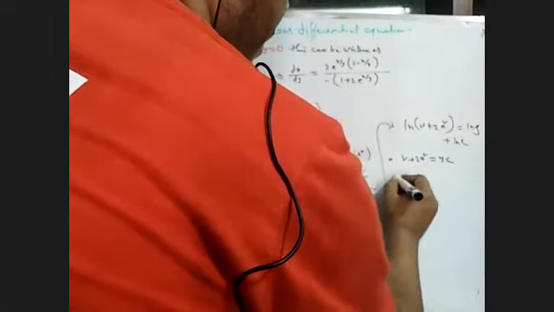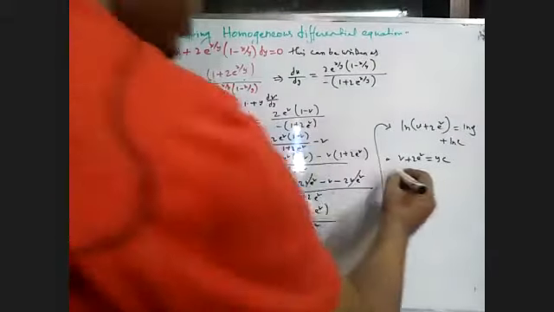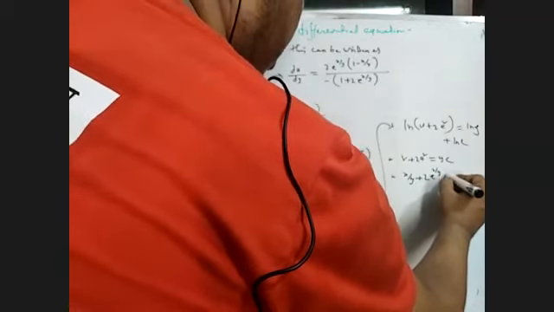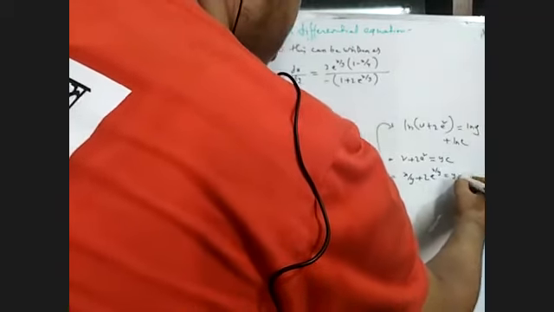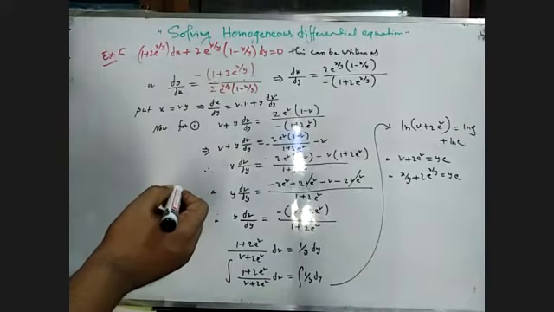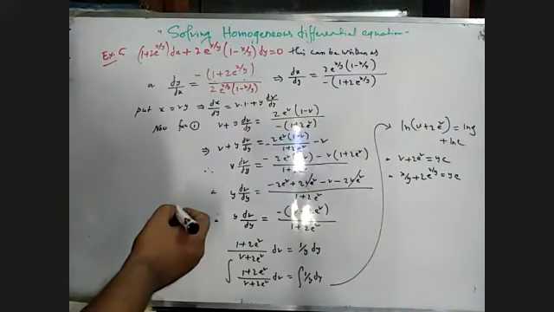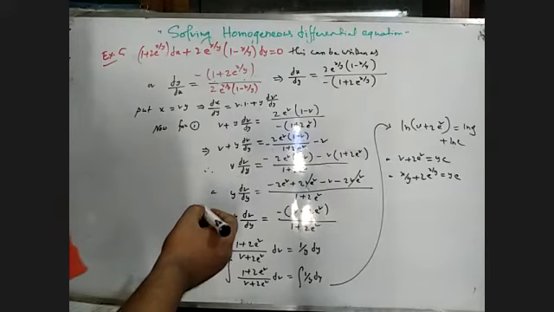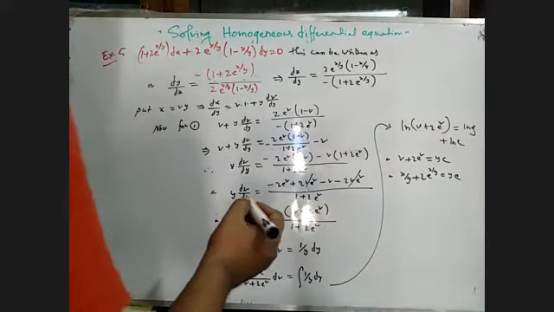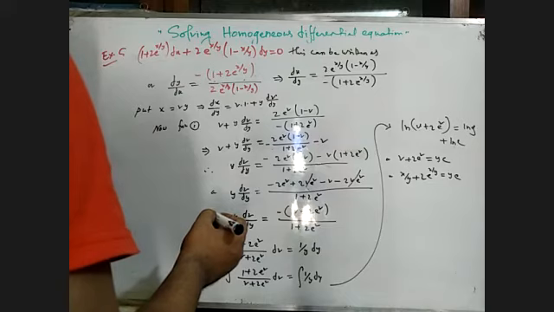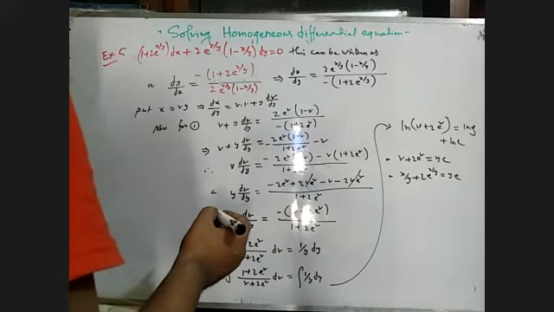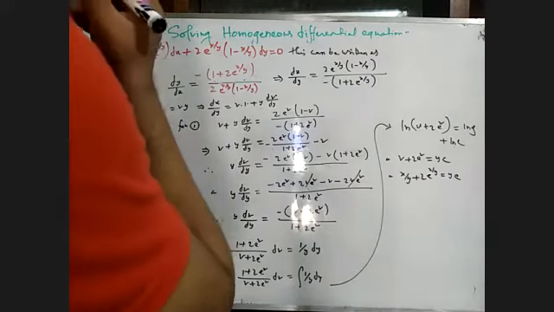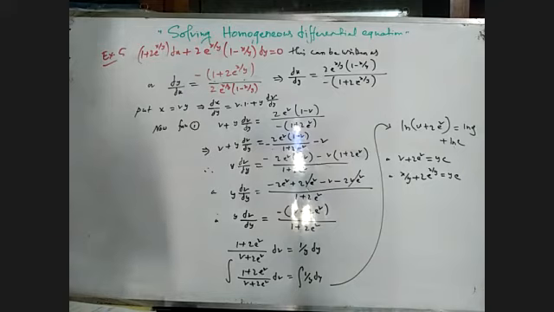Okay, now b equals to x by y, so x by y + 2e^(x/y) equals to yc. Okay, this is the result.